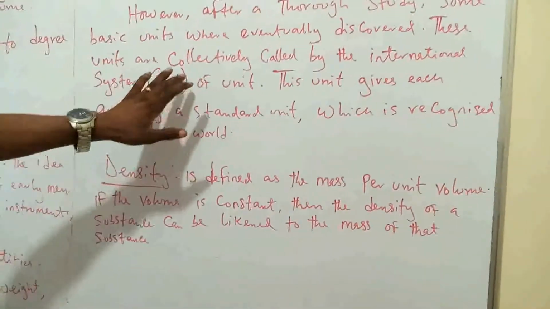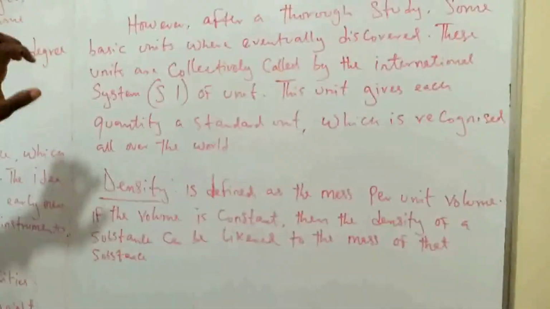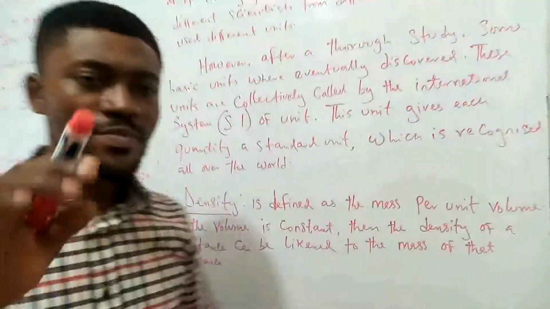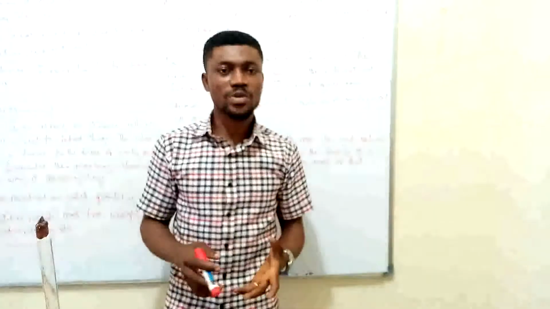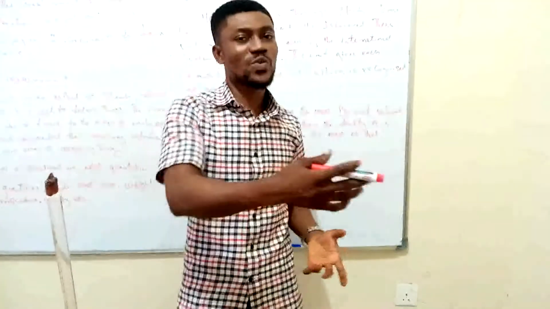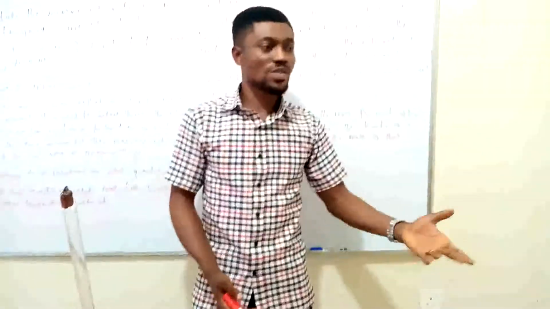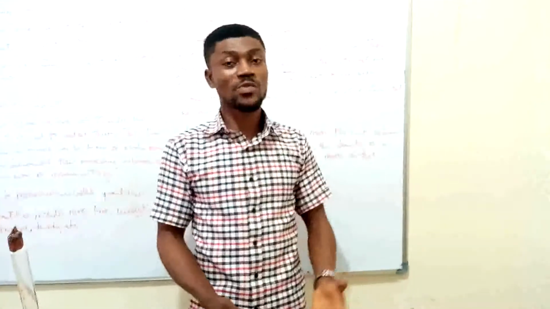These units are collectively called the International System of Units. So let's take a pause. There are times we learn about basic science and we mention the term, the SI unit of this is that, the SI unit of that is this, and we don't know where the SI unit is coming from.